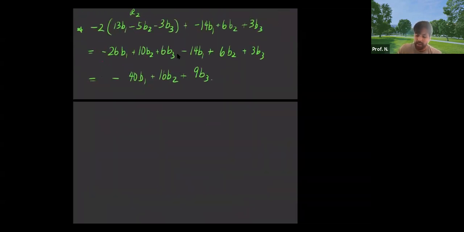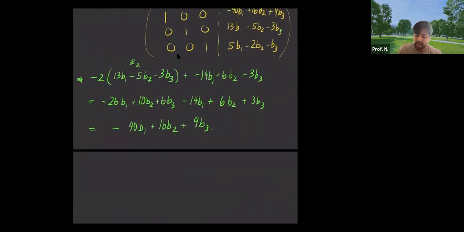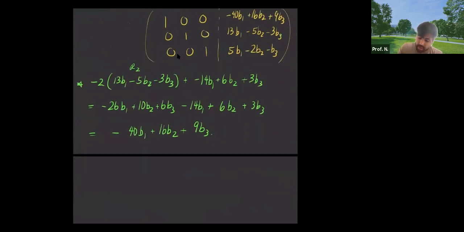What in the world did I just figure out? If I were to write this out as an equation, what did I figure out? x1 has to be -40b1 plus 16b2 plus 9b3. x2 has to be 13b1 minus 5b2 minus 3b3.